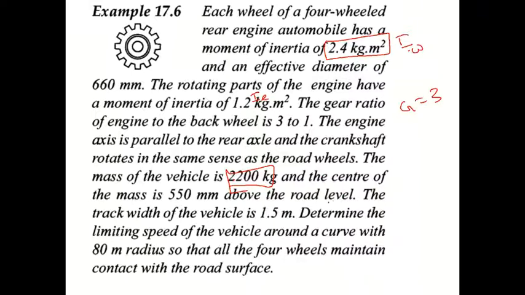The track width W value is 1.5 meter, and this is capital R, this is W, and this is small d. So small r will be 330 mm.